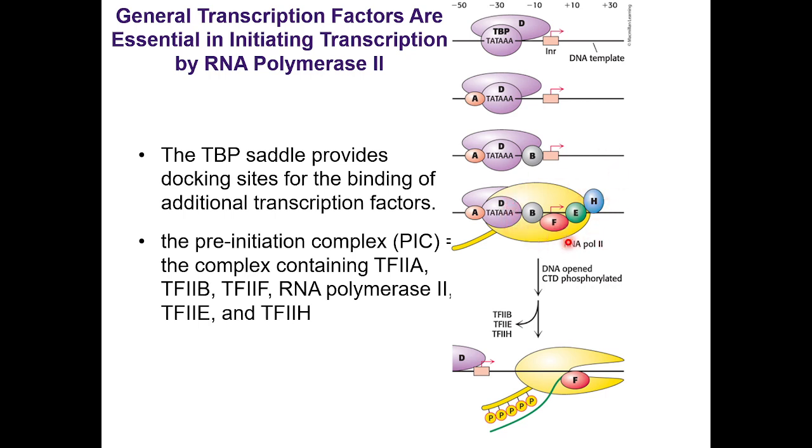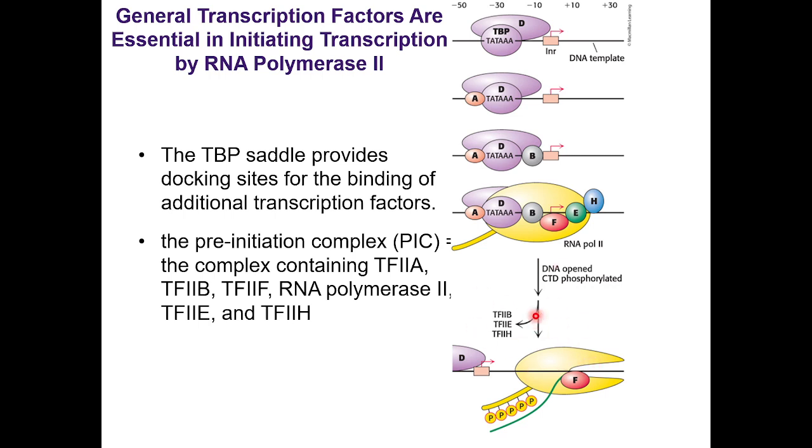This big yellow thing, can anybody tell me what that is? That's the RNA polymerase right there. That's what's going to be attaching and starting off at that INR site, within a few bases of that.